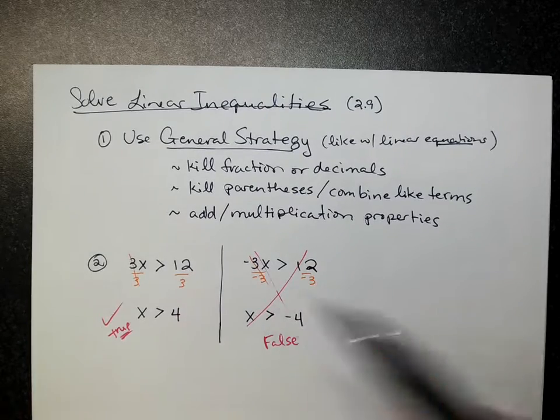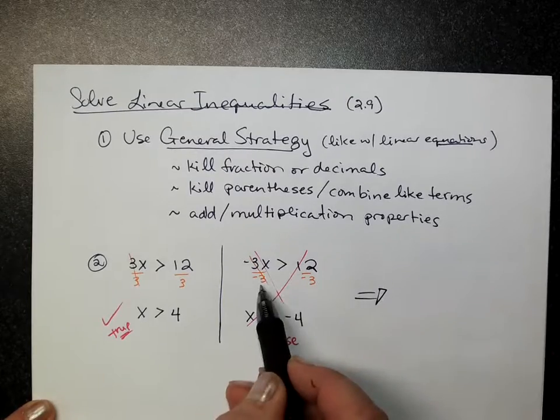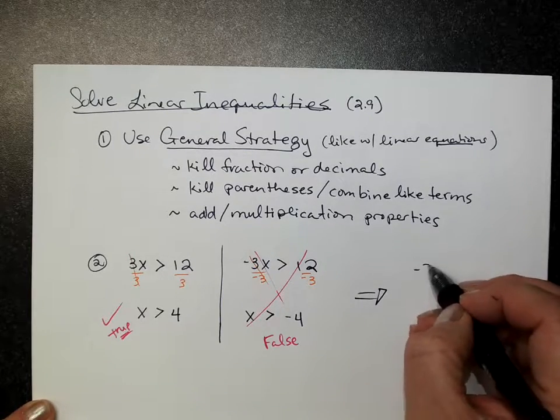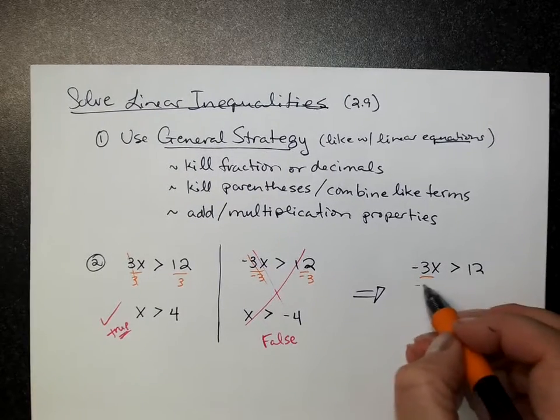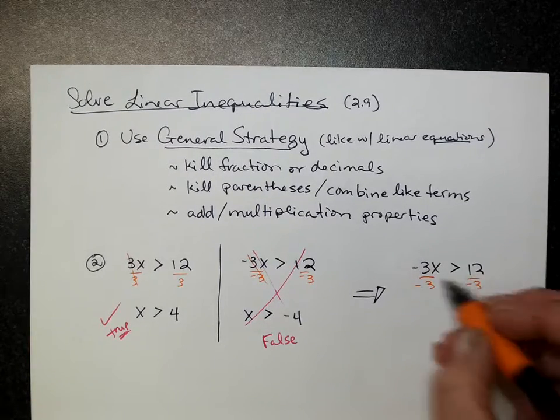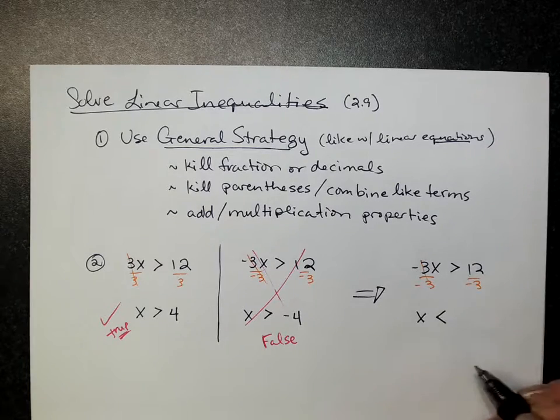All that matters is that negative coefficient. So if you have negative 3x greater than 12, and you are dividing by a negative coefficient, then you must flip the direction of the symbol.